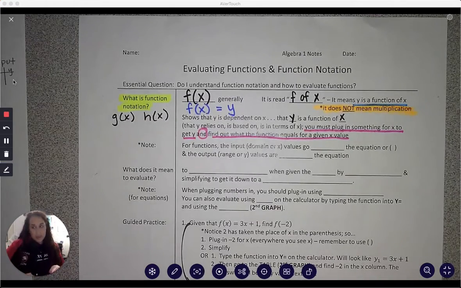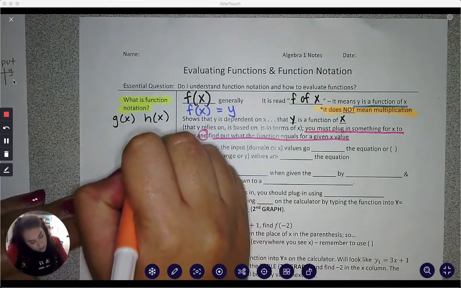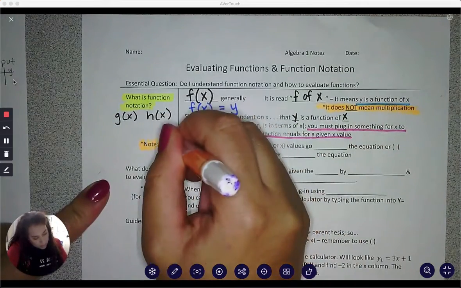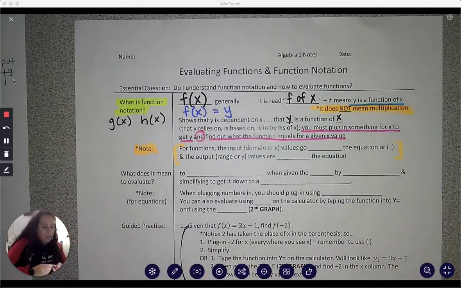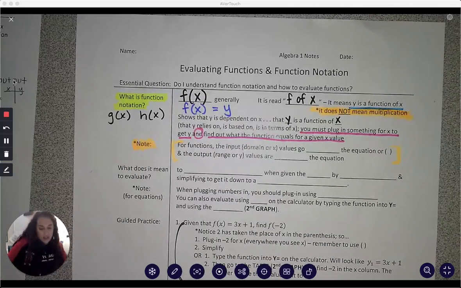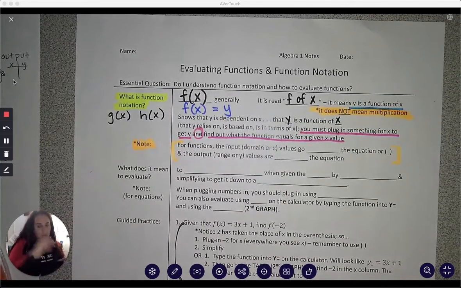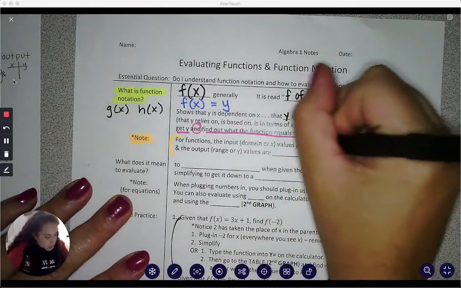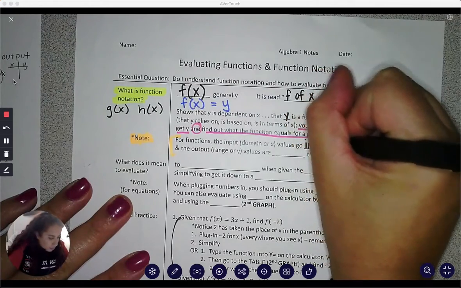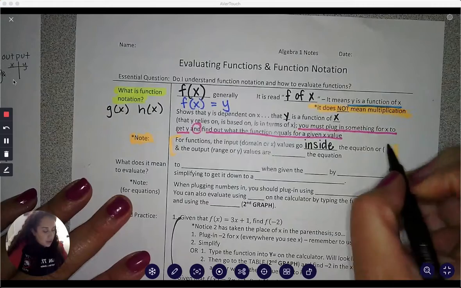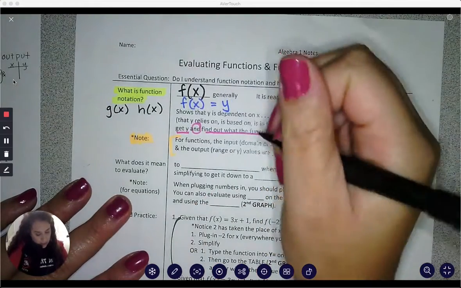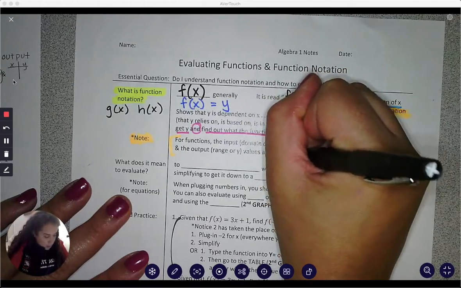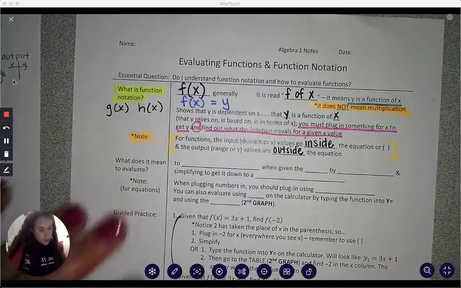Okay, so special little note. Here's our note. For functions, the input, or domain, or x value, goes inside the equation or parentheses, and the output values go outside the equation.